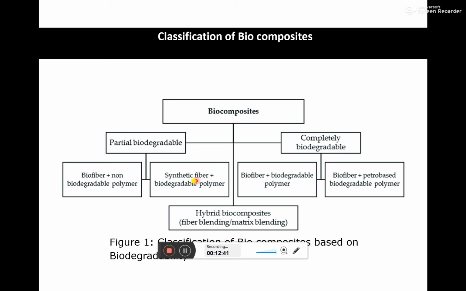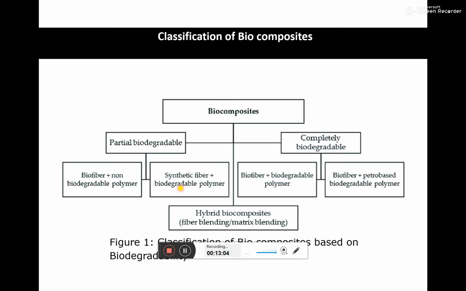Such types come under the synthetic fiber, and we are going to use the biodegradable polymers. We can use different plant resins or animal resins as the matrix material. Such things come under this second classification, the partially biodegradable materials.